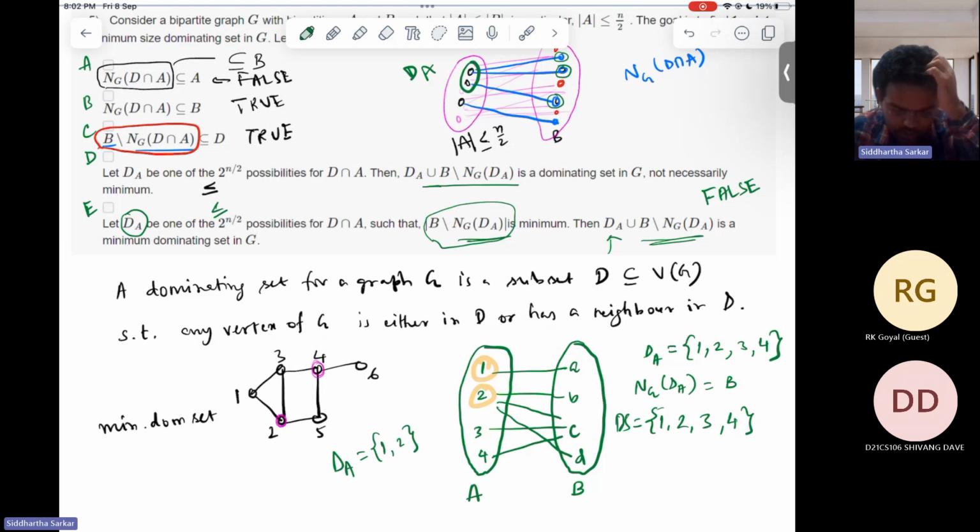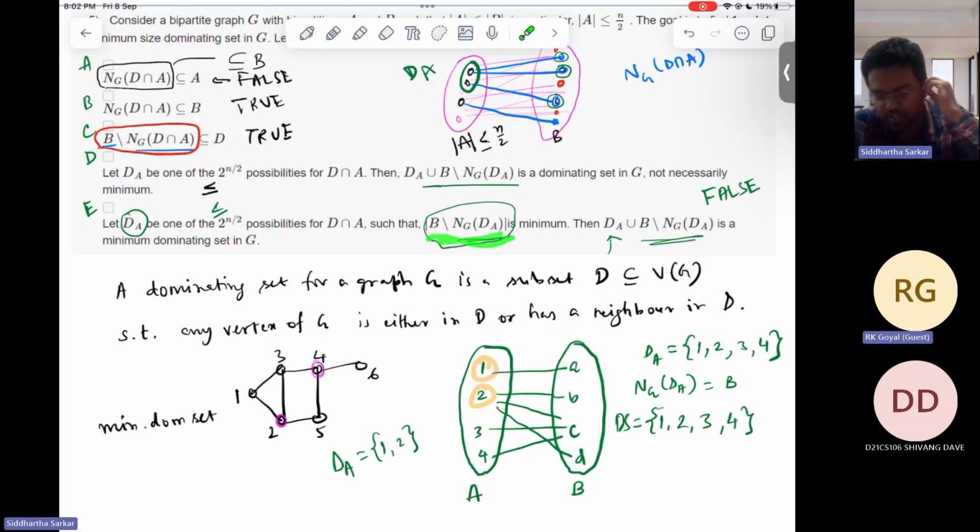For example, in this case, you have 1 and 2 as DA. The last statement says that you pick those DAs for which B minus neighborhood of DA is minimum. So neighborhood of 1 and 2 is the entire set B, so B minus neighborhood of DA is actually minimum.